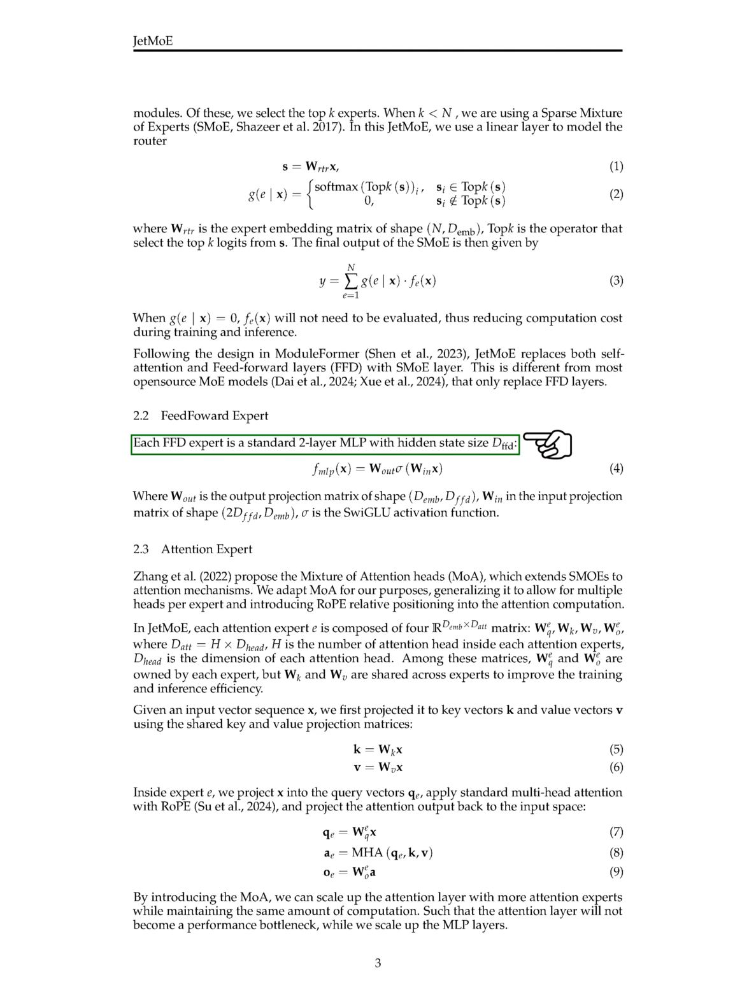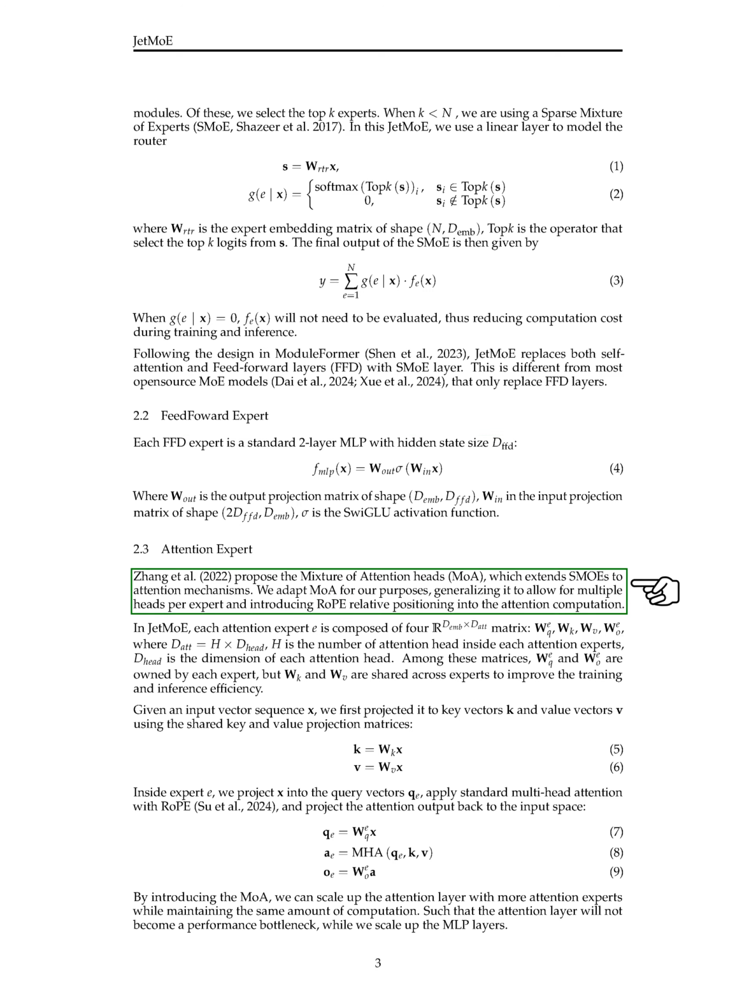Section: Attention Expert. In this section, we propose the mixture of attention heads, MoA, to enhance SMoEs with attention mechanisms. We modify MoA by allowing multiple heads per expert and incorporating rope relative positioning into the attention calculation.